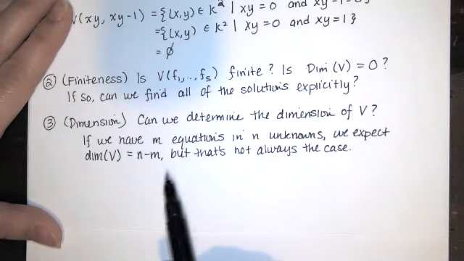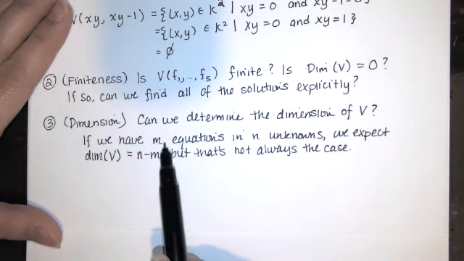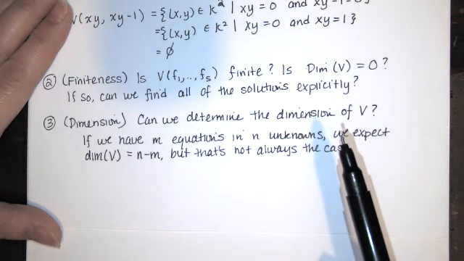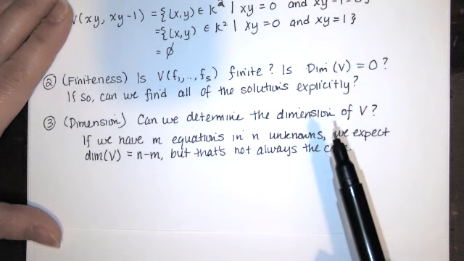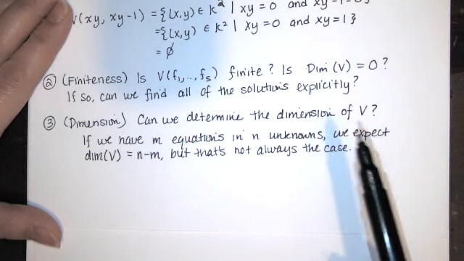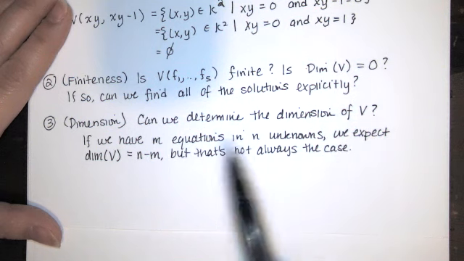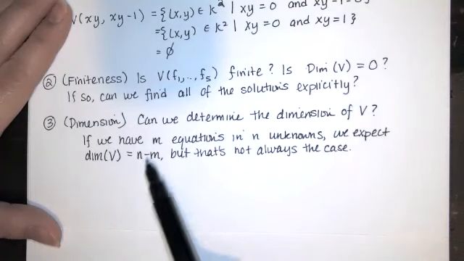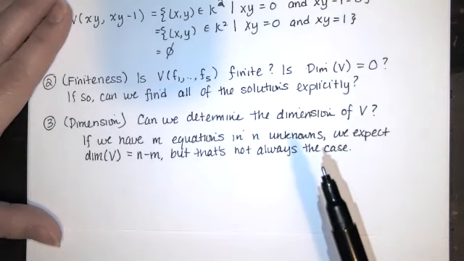And the fact that that's not always the case has something to do with the fact that if equations are dependent on each other, so they're just different ways of perhaps saying the exact same thing, well, having basically the same equation on your list twice shouldn't reduce the dimension of V by anything.